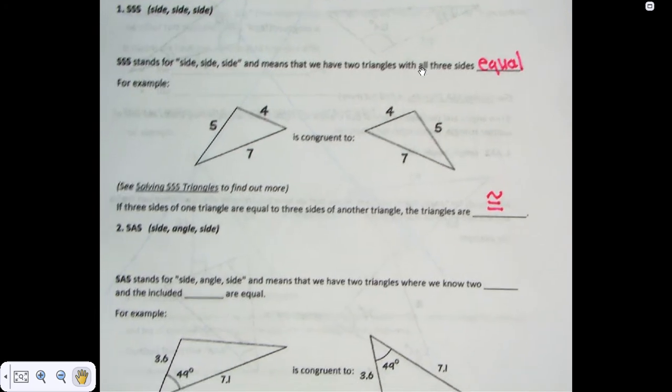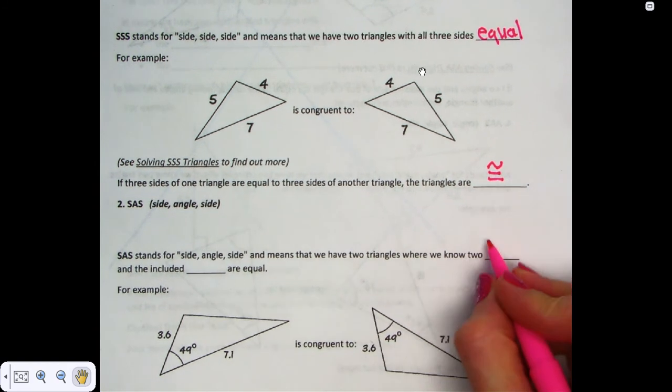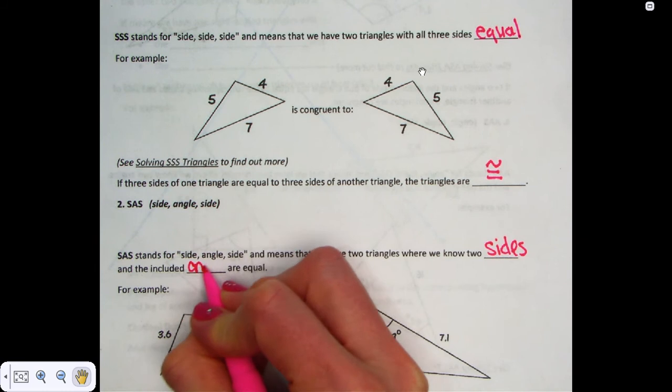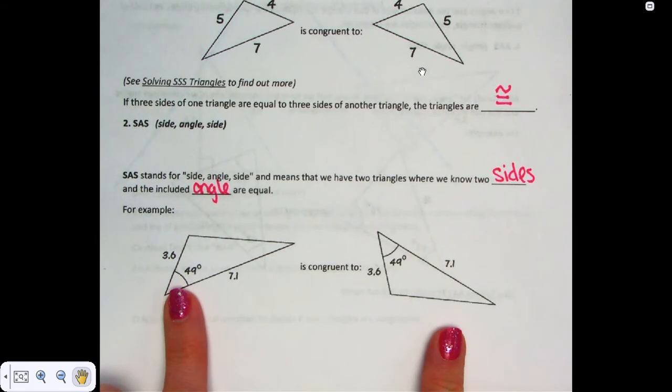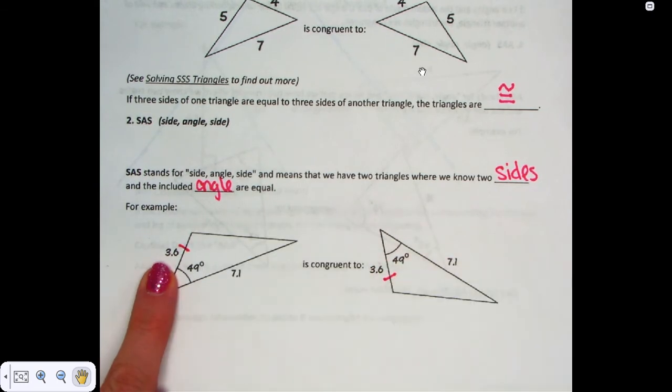Okay, so our next one is side, angle, side. That means we have 2 triangles where we know 2 of the sides and the included angle are equal. Let's take a look at what that looks like here. We see that we have 3.6, 3.6.